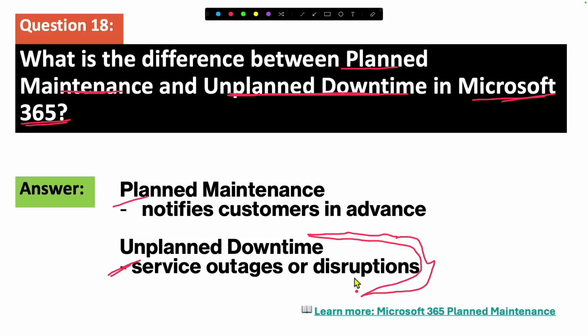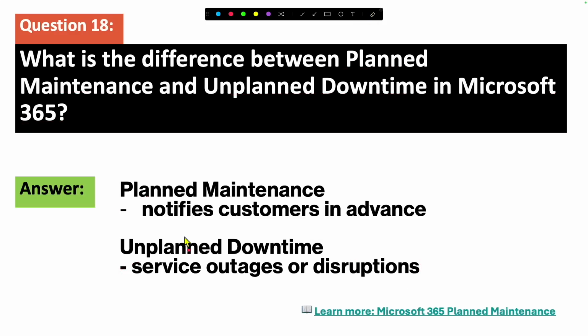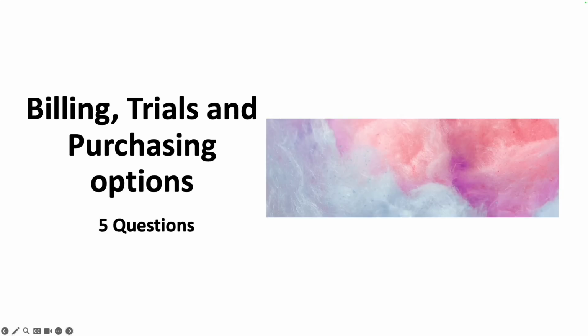If the service goes below 99.9% annually, then you can get service credits as well. So that is something you need to be aware of. All right, so those are the points you need to use to answer this planned and unplanned maintenance question. Fairly easy, straightforward question. All right, so let's look at the next section.